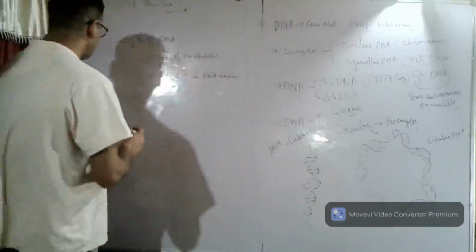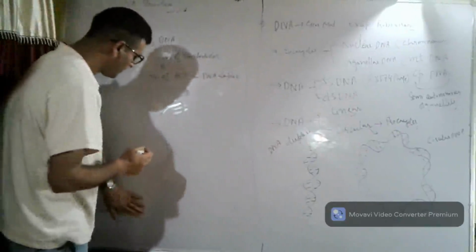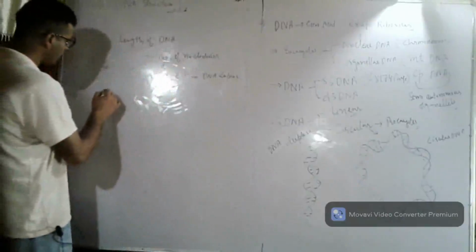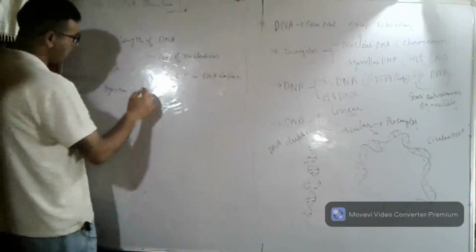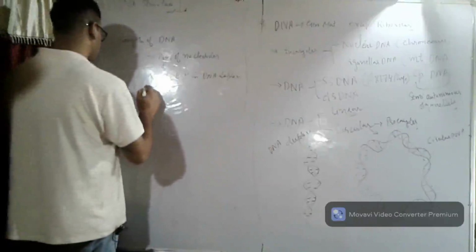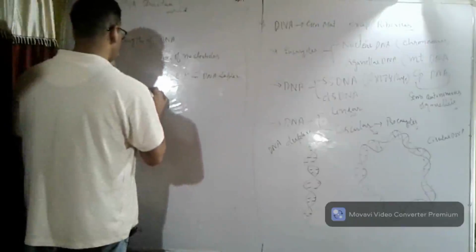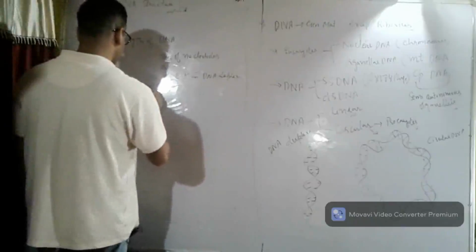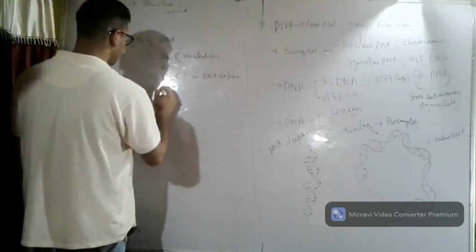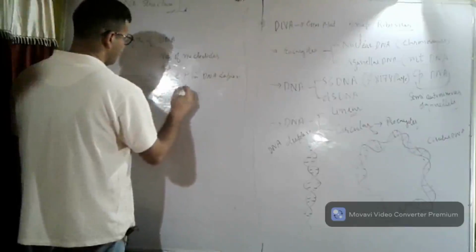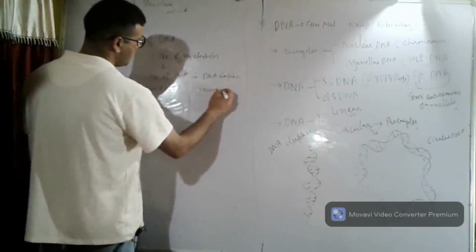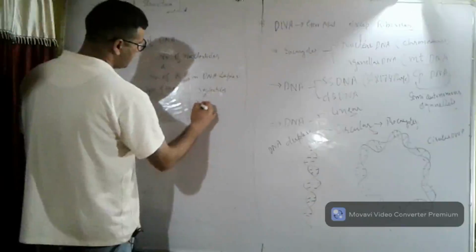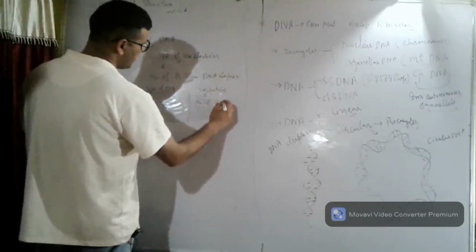For example, we have organism, type of DNA, and number of nucleotides or base pairs.